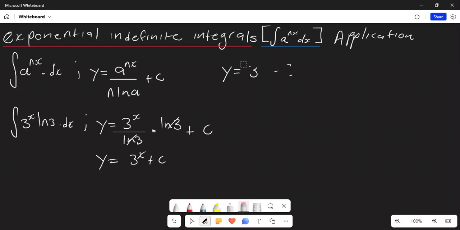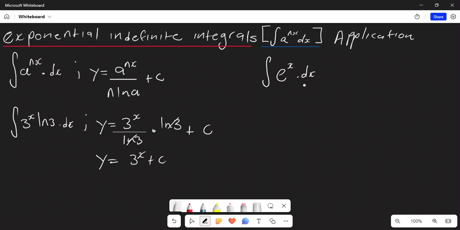Remember, the base here was a or 3. So let's say they want you to find the integral of the following function. Let's say we have e to the power of x, then dx.